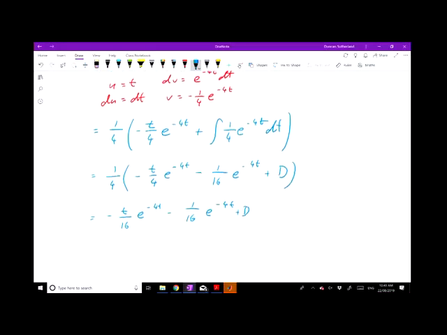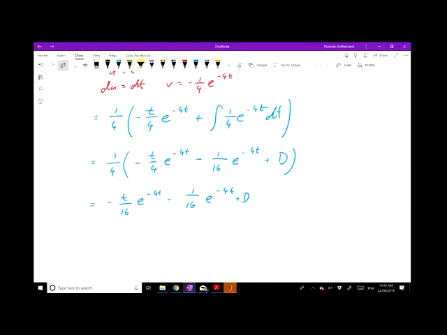Right, so now we've collected, so there I'm eating my 1/4 into my d. Again, it's just a constant, so 1/4 of d is still a constant. Again, I could do this and then go d equals d1/4, for example.